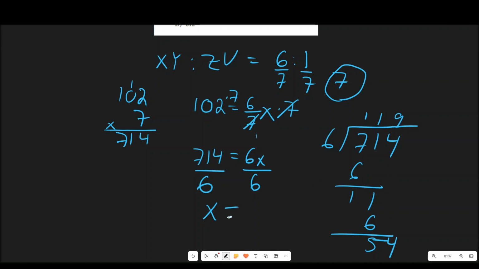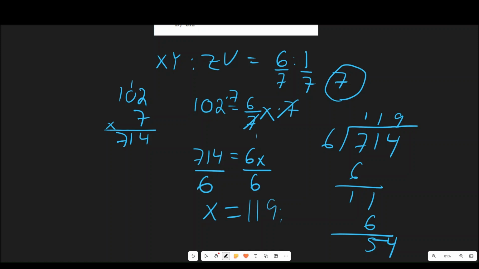So in total, the entire whole, the total 7 parts, would be 119 inches.